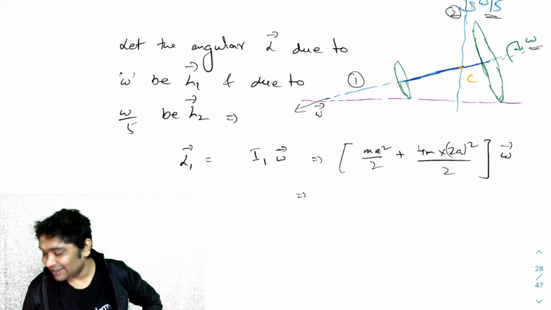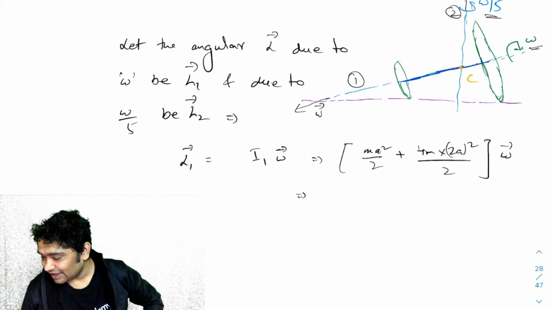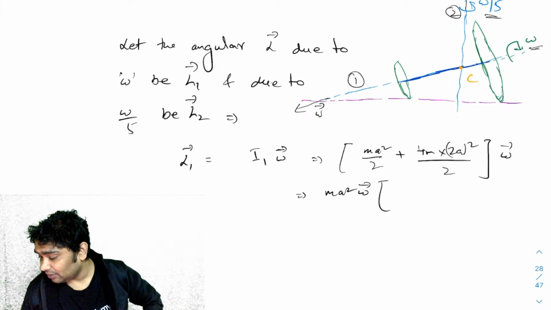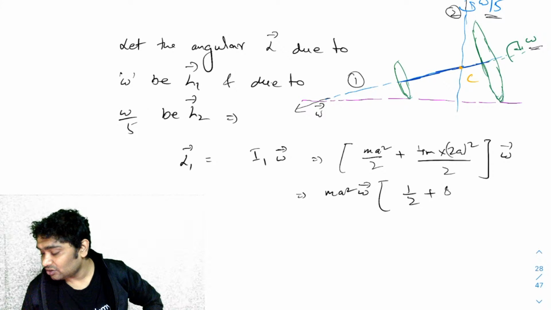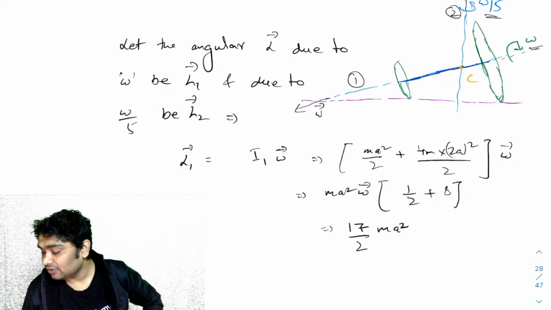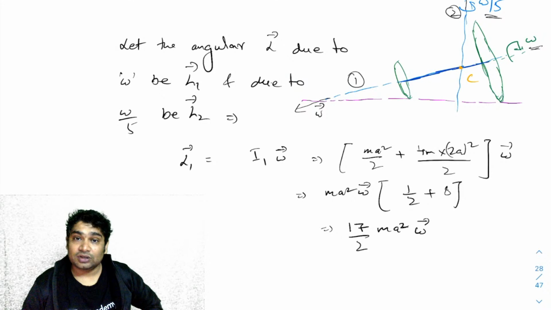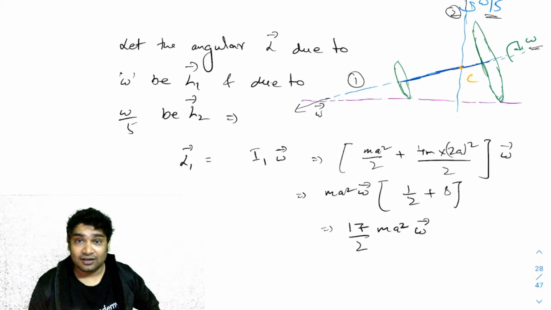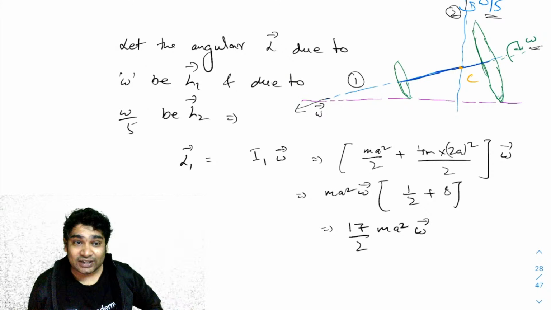When you calculate, you will realize this is ma square omega vector times 1 by 2 plus 8. So that is 17 by 2 ma square omega vector. So the magnitude of this is definitely 17 by 2 ma square omega, which is fine. But this is not all the angular momentum.